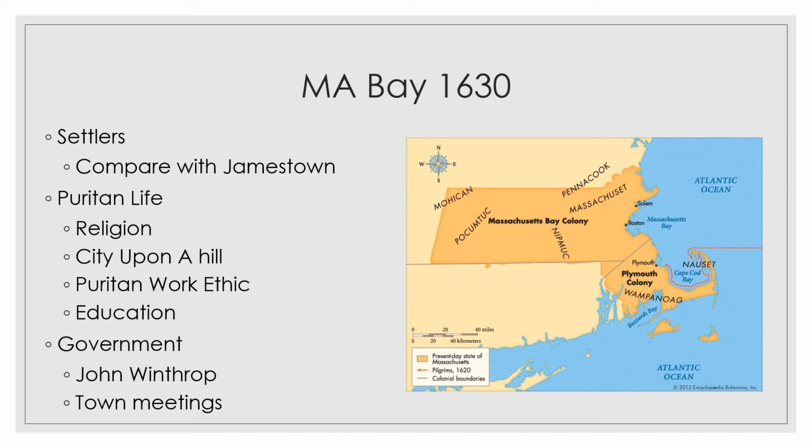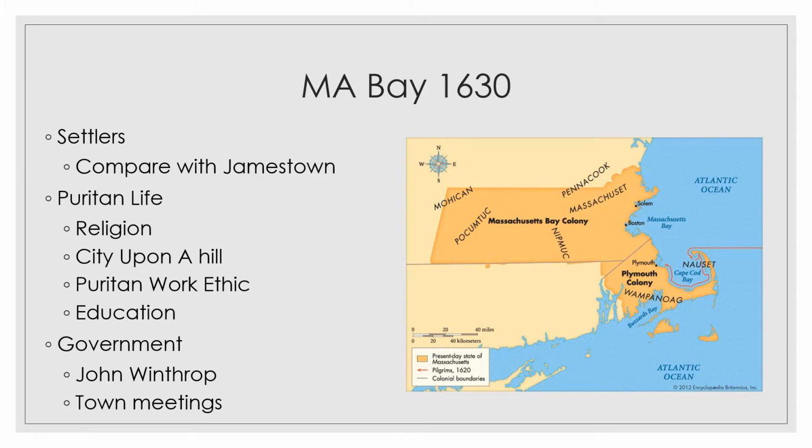In addition, the religion led to pretty strict social rules for society. They were not very tolerant of other people, which is very interesting considering that they had faced a lot of persecution in England. You would have thought they would have come to the New World, but if you weren't Puritan, you were ultimately kicked out. If you did not follow these social codes that were in place, then you could be banished or you could be heavily punished.